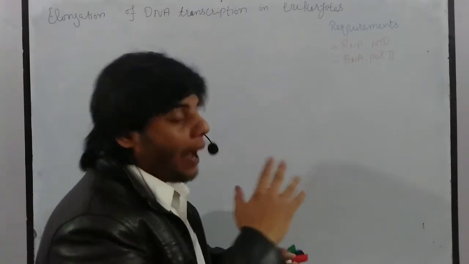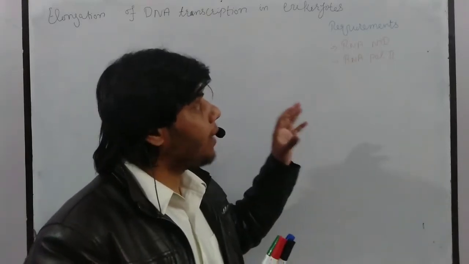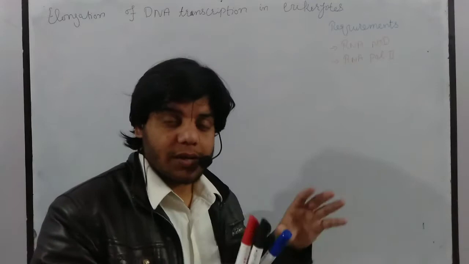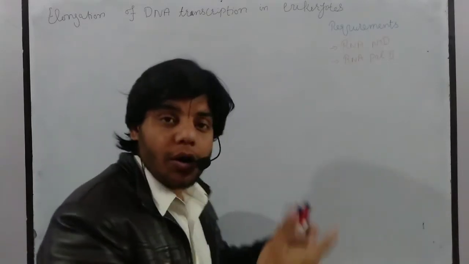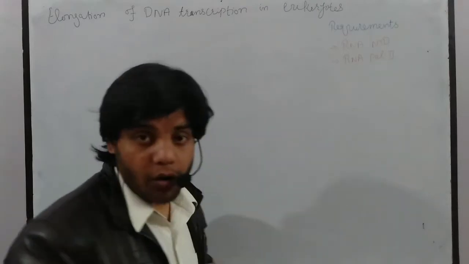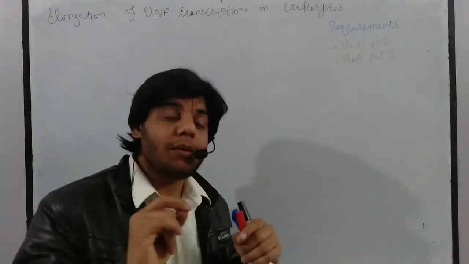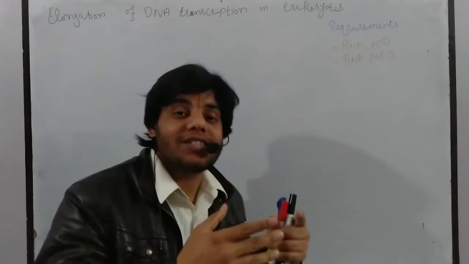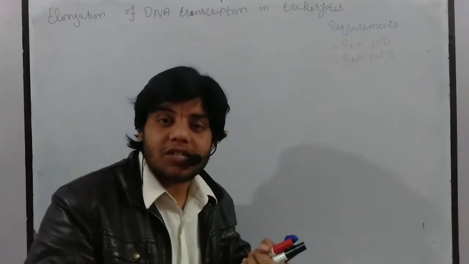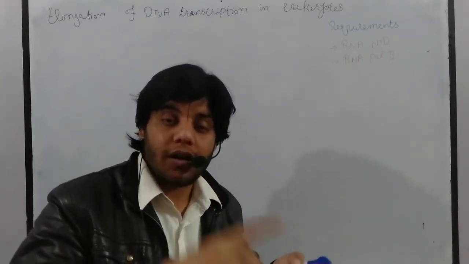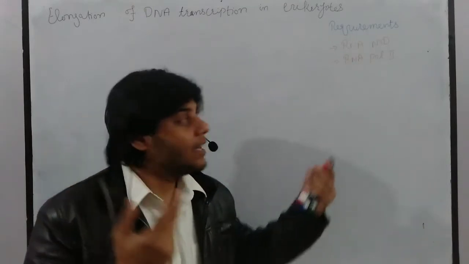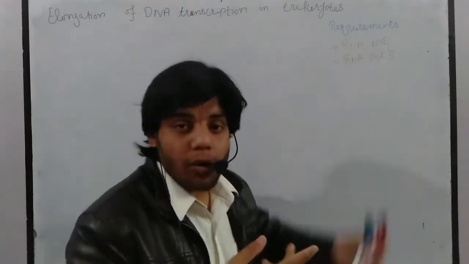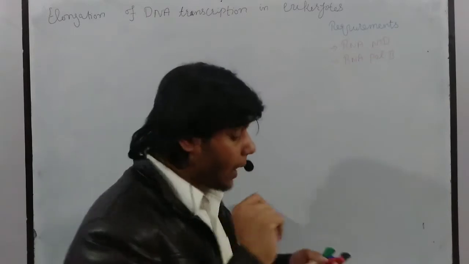But here I am making the video lecture only on transcription by RNA polymerase 2, and how it is carried on. It is very important because, if you remember, it can synthesize all the necessary RNAs: messenger RNA, transfer RNA, ribosomal RNA, miRNA, snRNA, hnRNA, a lot of RNAs. This one RNA polymerase has the ability to synthesize them.